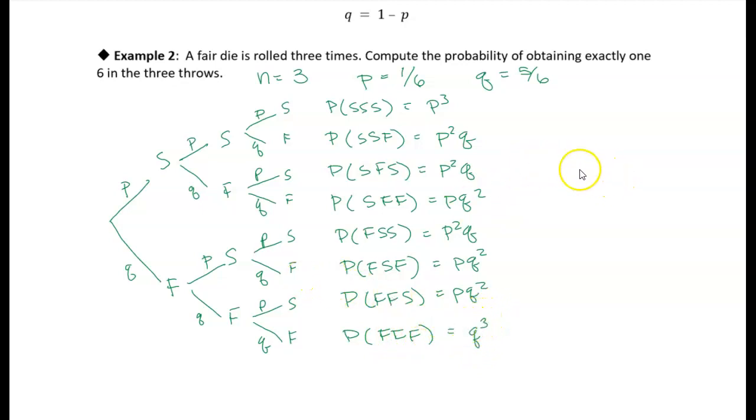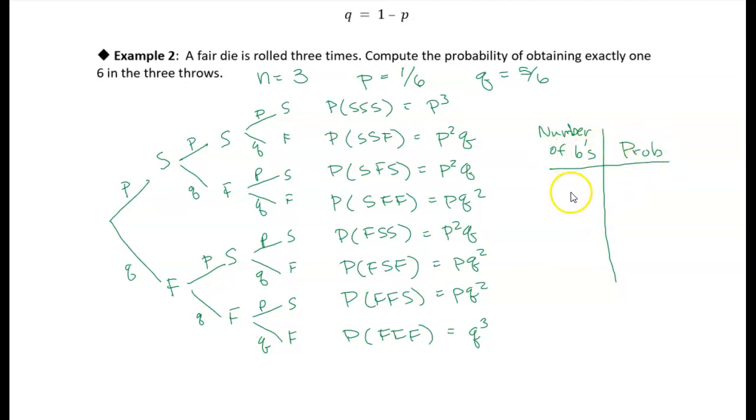Now I can make a little probability distribution for this too. I could make a little table with the number of 6s. So that's the outcome that we're interested in, number of 6s, and the probability of those different outcomes.